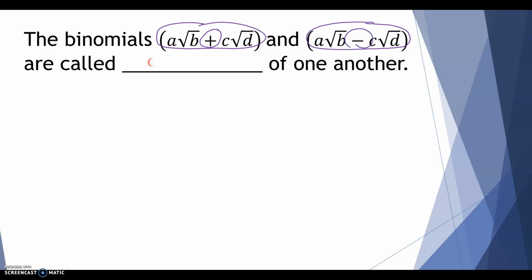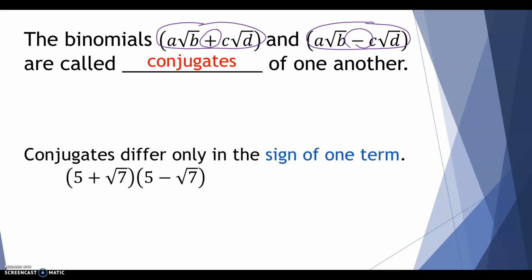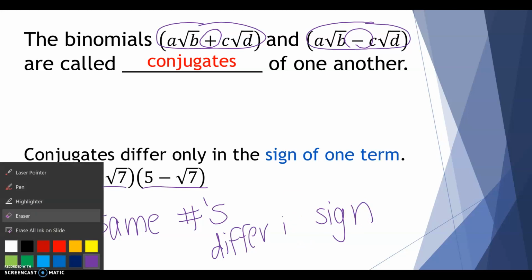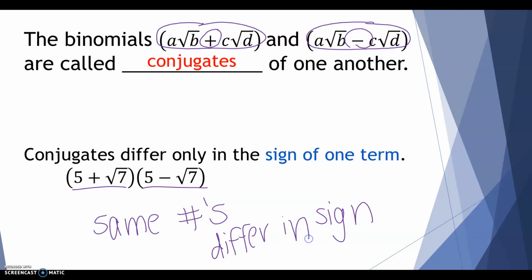Those are called conjugates of each other, when you have the same numbers, but they only differ in one sign. So if you look at this and this, you have the same numbers, but they differ in sign.